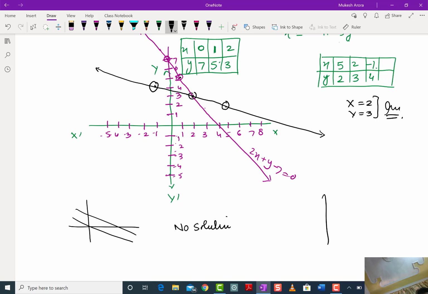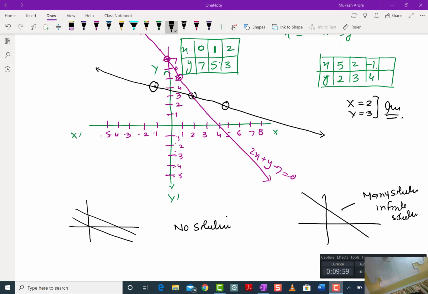And sometimes you get the same overlapping line, that means many solutions or infinite solutions. So sometimes we get the same line for both equations, that is called many solutions or infinite solutions, right?